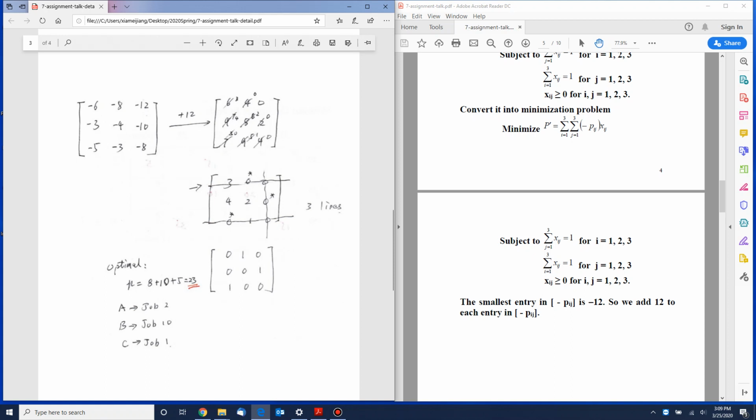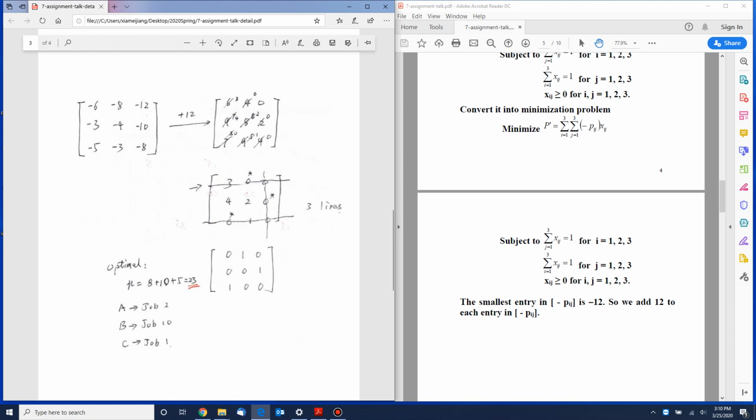So in this way, we can work on it. We just work out this one because we have a 0 there.